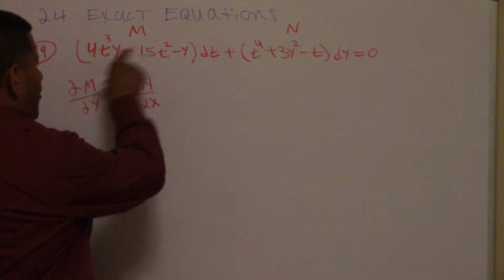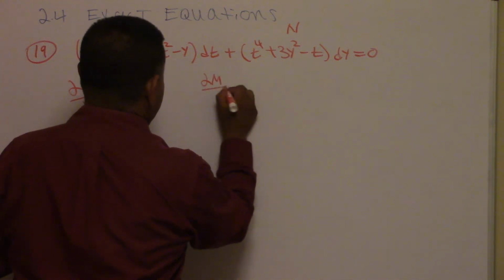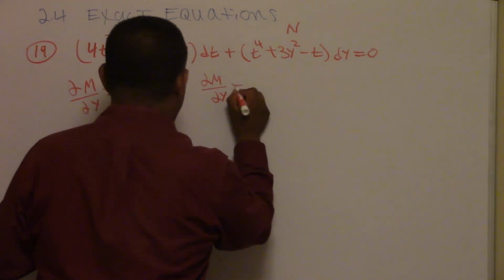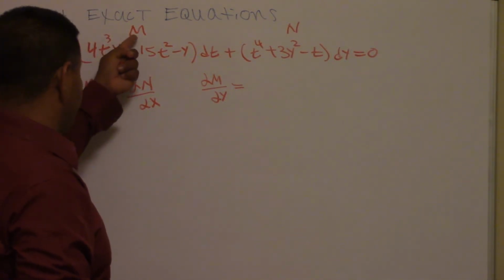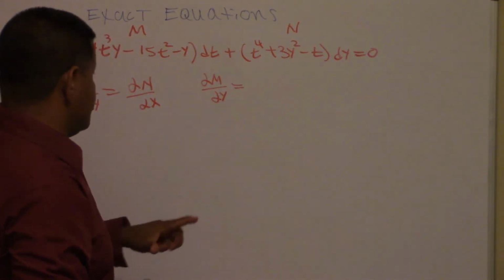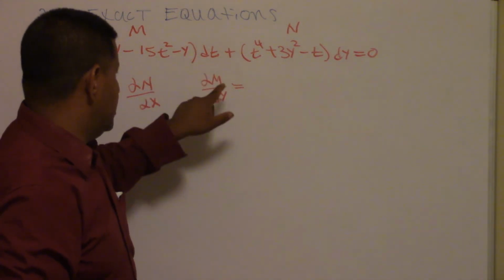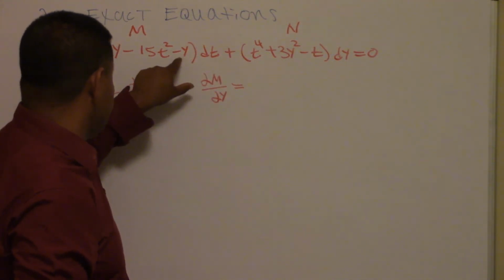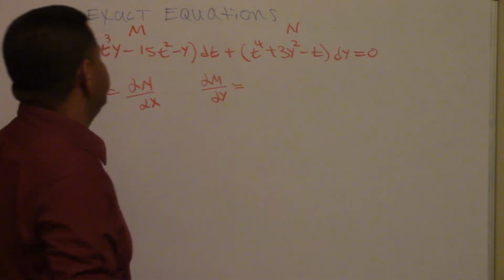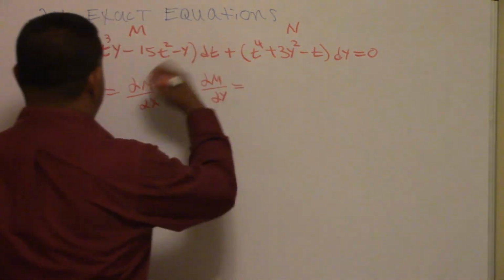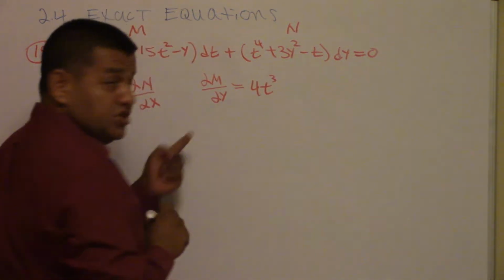Now, let's take the partial derivative of m, partial m over partial y, okay? Remember, this is very important. If I take the partial derivative of m with respect to y, I'm going to do the opposite, okay? Over here I have a dt, so I have to take the derivative with respect to y. Over here I have a dy, I have to take the derivative with respect to t, okay? So if I take the derivative with respect to y, I get 4t cubed, right?